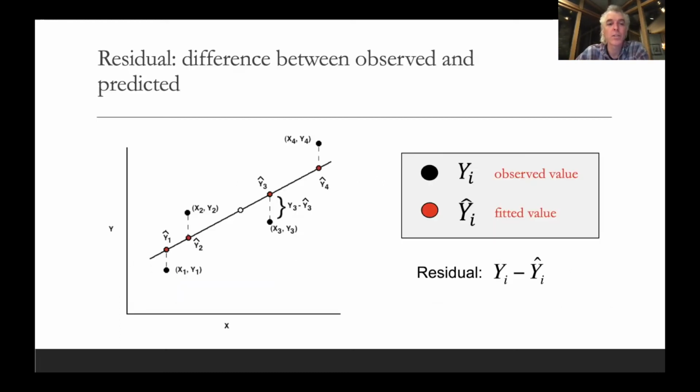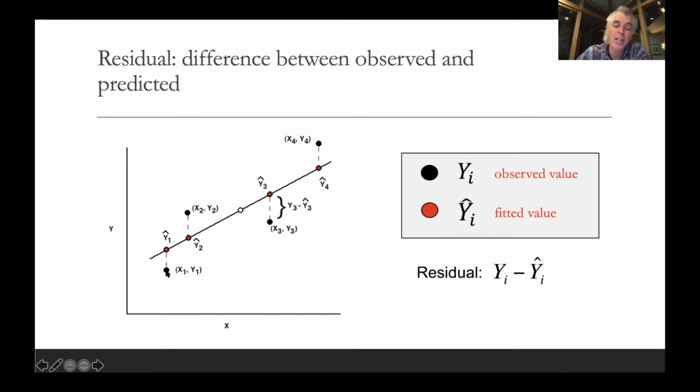So we can talk about these deviations between our observed values and the line a little bit more specifically in this example. Our observed relationship between x and y is shown by these black dots. These are our observations. And we fit a regression line to those observations. The fitted values are simply the value of y along this line corresponding to the x value for each observation.